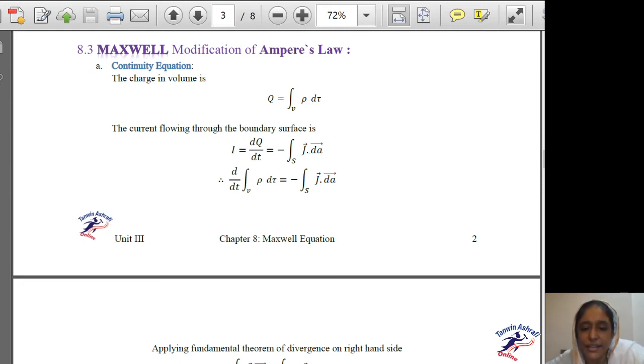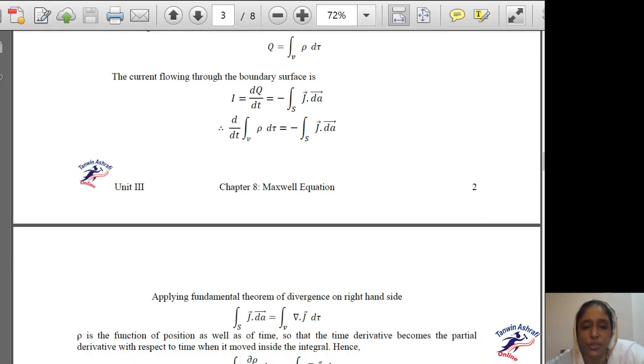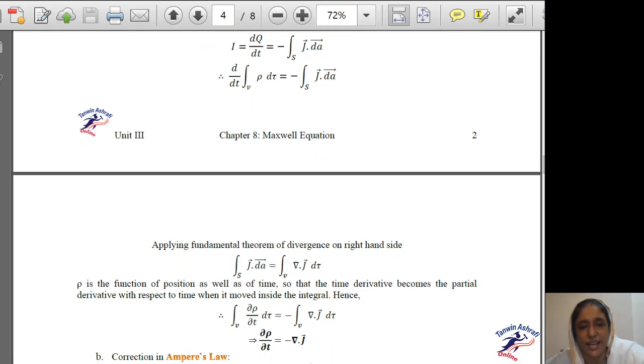Now, applying the divergence theorem on the right hand side, the integration over the surface of J dot dA is the integration over volume d tau of del dot J. Rho is a function of position as well as time, so the time derivative becomes a partial derivative with respect to time when it moves inside the integration.